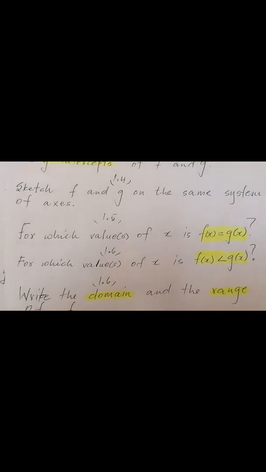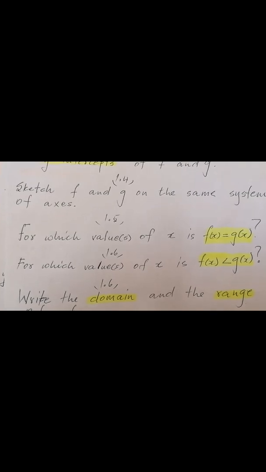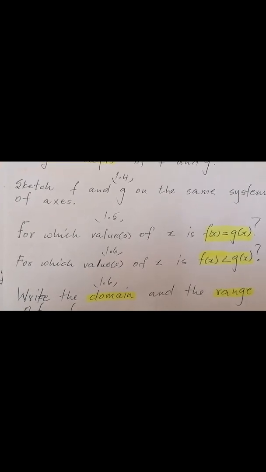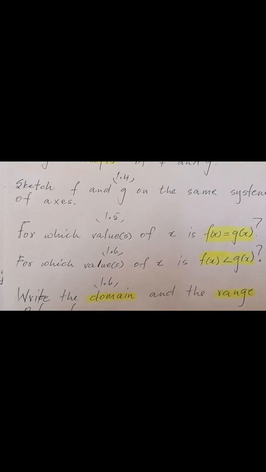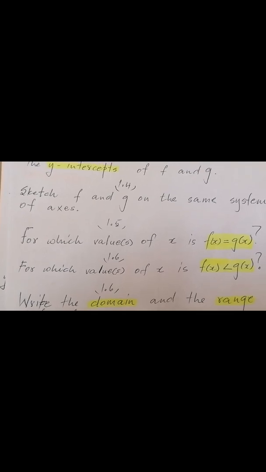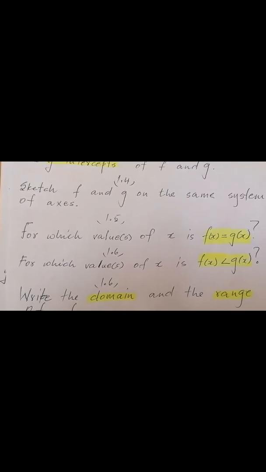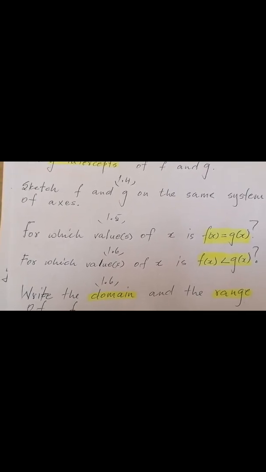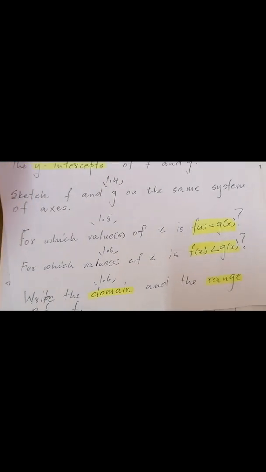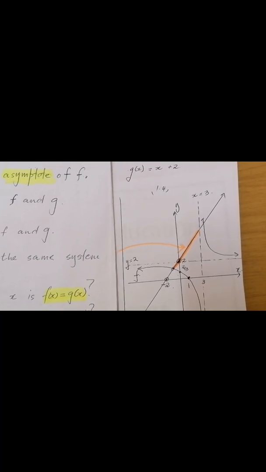It says, for which values of x is f(x) equal to g(x)? I repeat again, for which values of x is the graph of f exactly the same as the graph of g? Now, what do you have to do here?